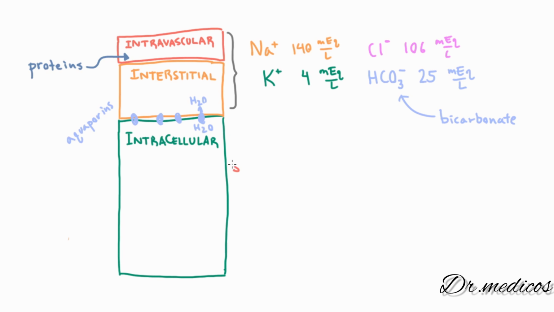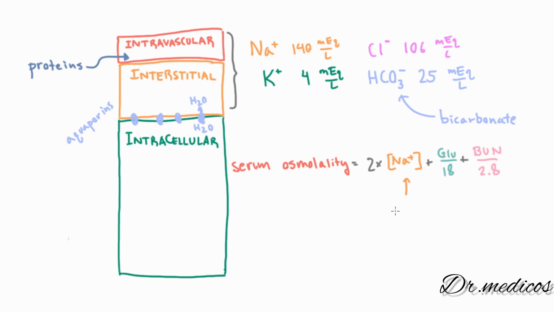So that gives us our final equation to estimate serum osmolality. And so we estimate it as 2 times the sodium concentration plus the amount of glucose divided by 18 plus the amount of BUN divided by 2.8.